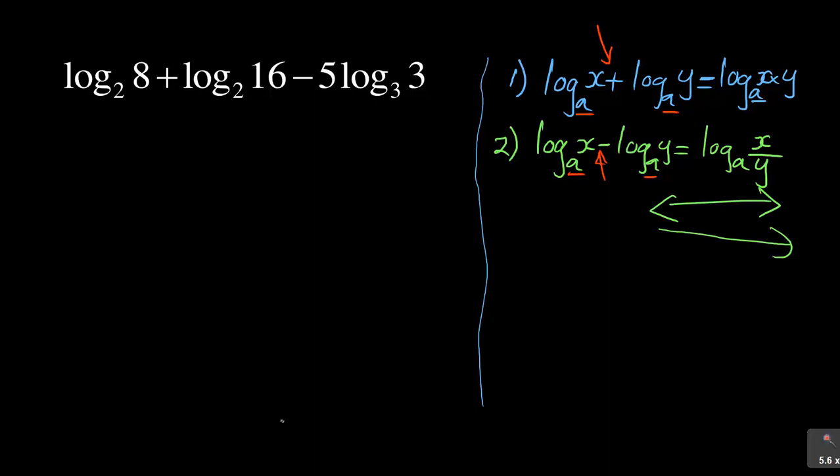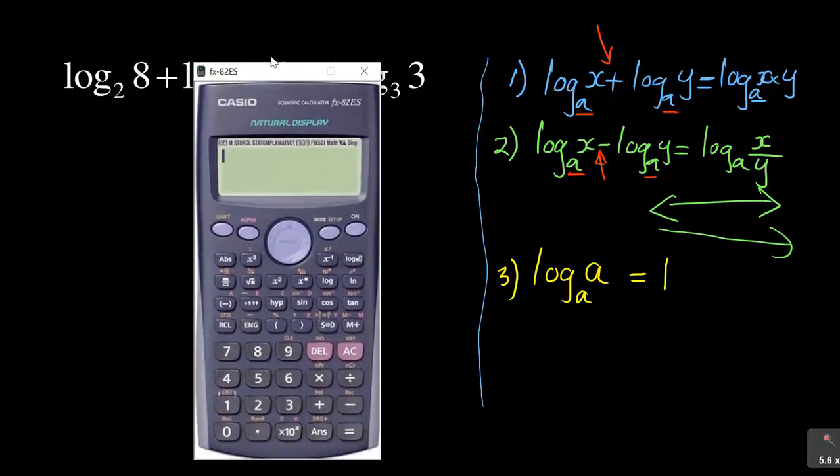The next law that I want to make you aware of, number 3, says when we are given log in base a of a, you can see that I've got a number and a base matching. This is equal to 1. Actually, we can even test this law with a calculator.